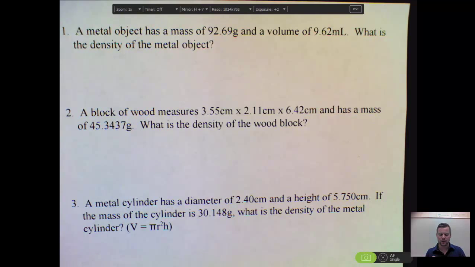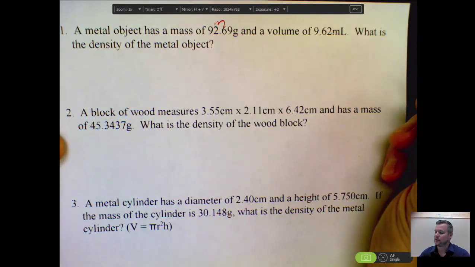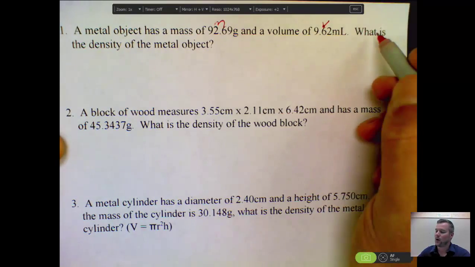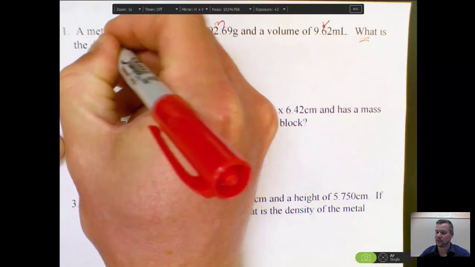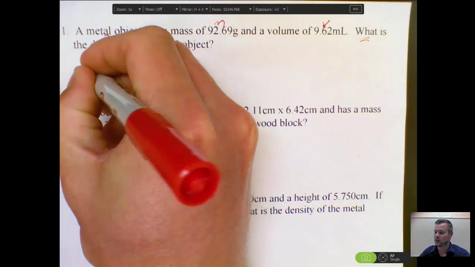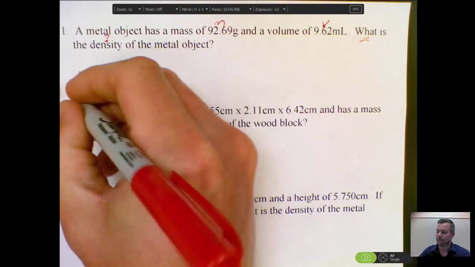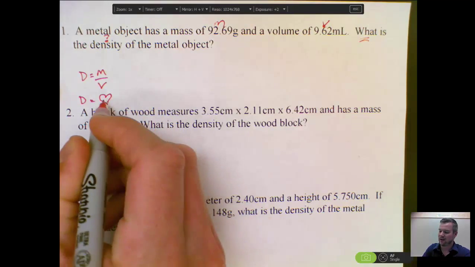So the first step is to identify your variables. It has a mass, a volume, so that's a V, and what, so there's our question word, is the density. So we're trying to find density, which means we need to use the formula D equals M over V. So worth noting that if you were to draw a heart, I like density a lot.